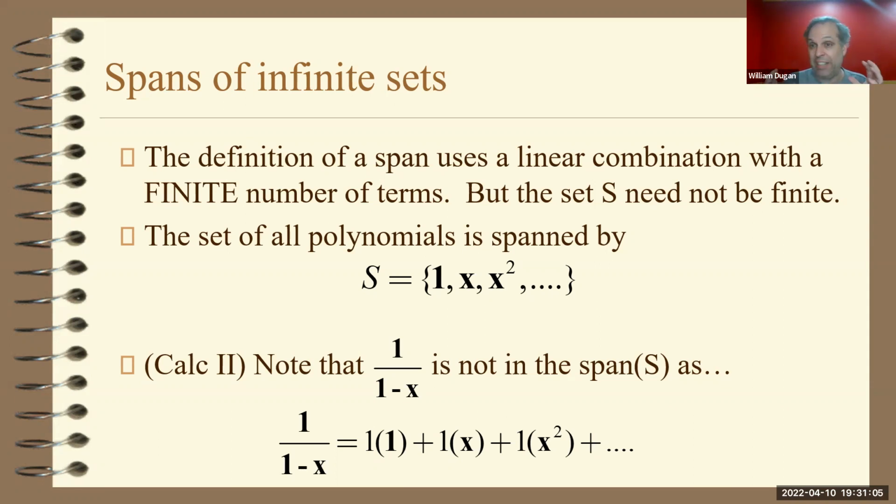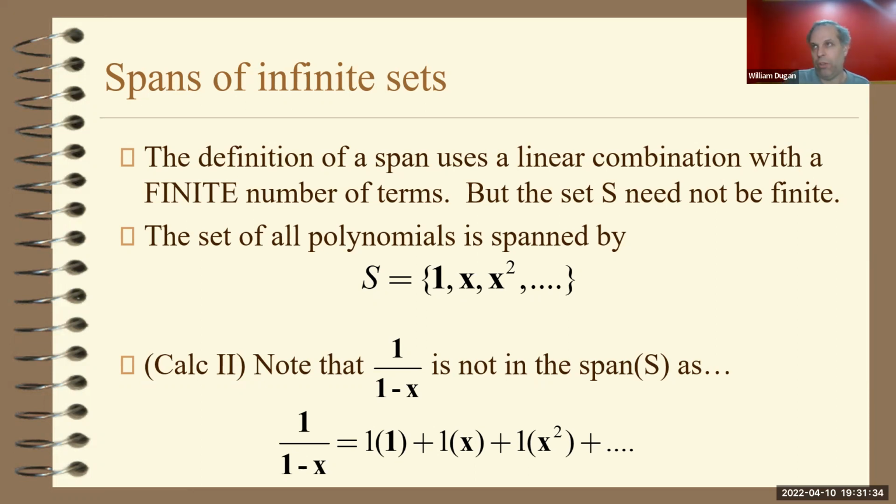Every polynomial needs a finite number of those as a linear combination to be your polynomial. But notice that the set that spans the space is not finite. It's infinite. So when you form the linear combination, it's adding up a finite number of things. But if you look at the spanning set, it doesn't need to be finite. It could be infinite.